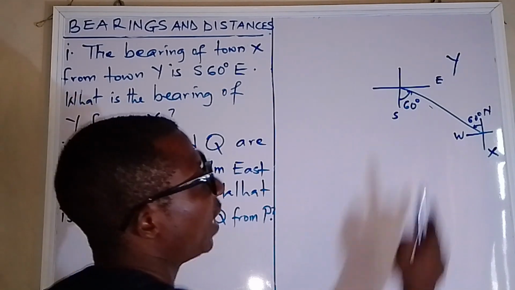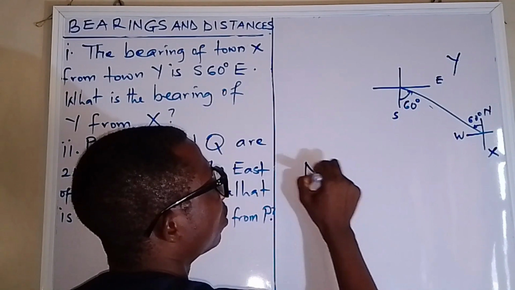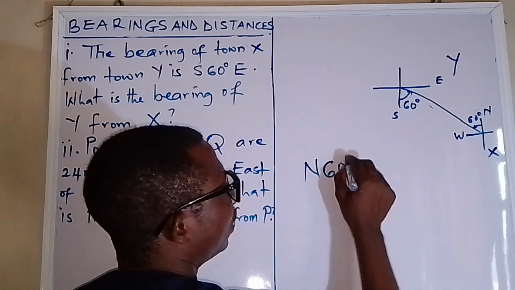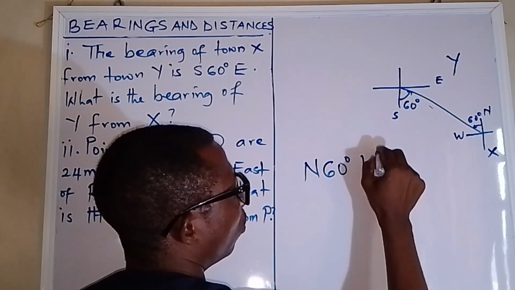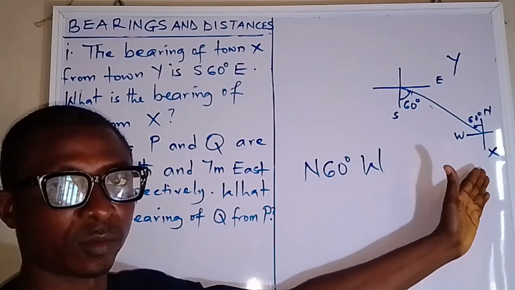So the bearing of Y from X will be north 60 degrees west. That is the bearing of Y from X.